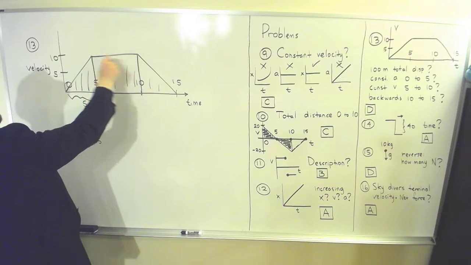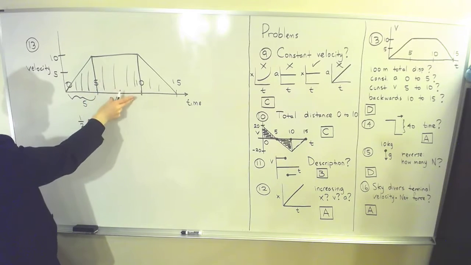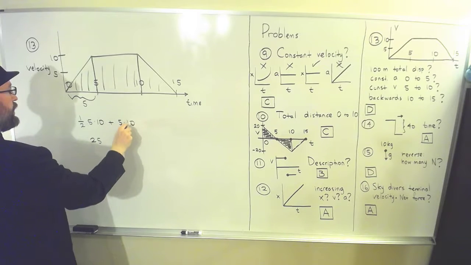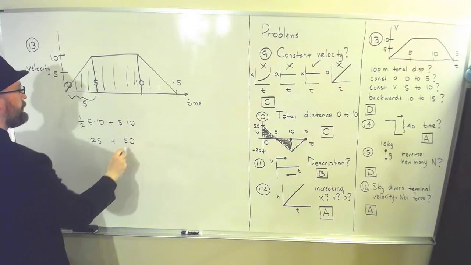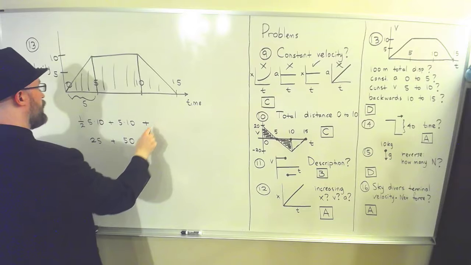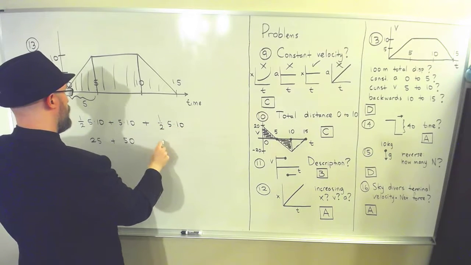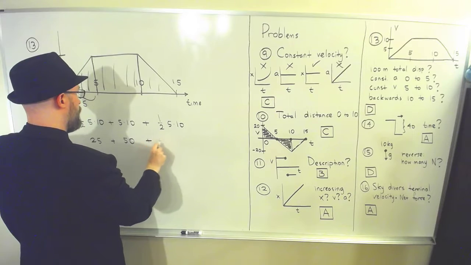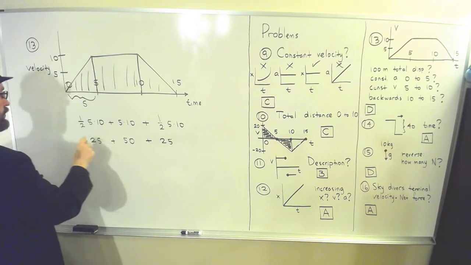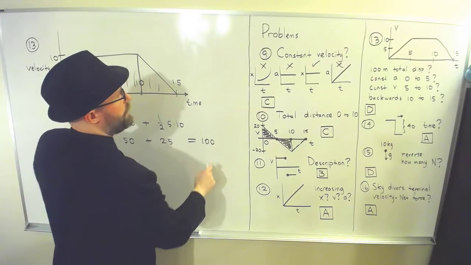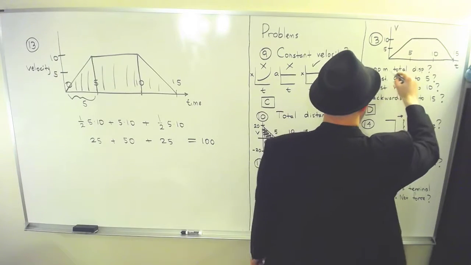And then this here is just going to be a base times height, same base times same height, so this is plus 5 times 10, so that's plus 50. And then we have a triangle of the same size, 1/2 base times height, so it's going to be plus another 25. 25 plus 50 plus 25, this is equal to 100. And so this one is true.